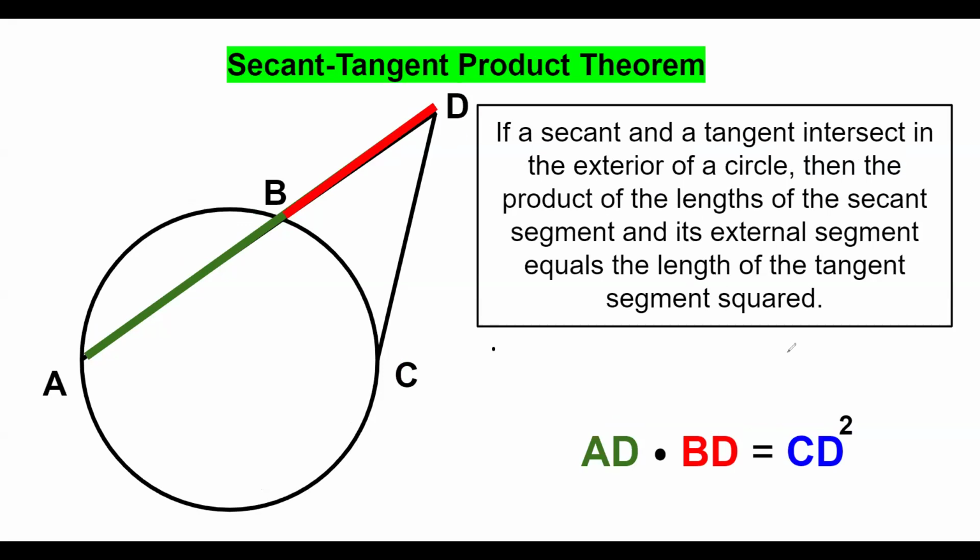Instead of writing CD times CD, another way to write it is CD to the power of 2. So the parts are still present there. We're just writing it to the power of 2 instead of writing it separately, so we're still applying the same idea.